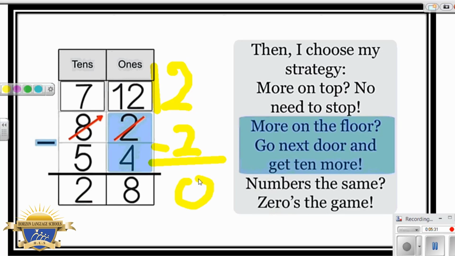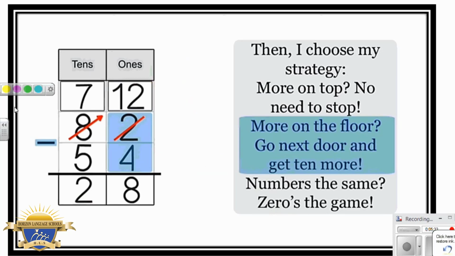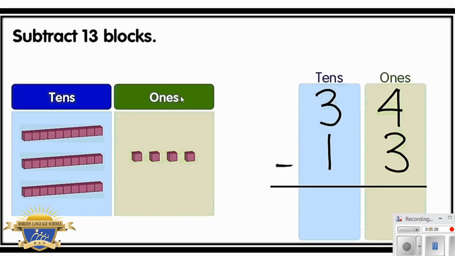Okay, now let's take the first example. We have here 34 minus 13. Okay, first let's look for the math sign.